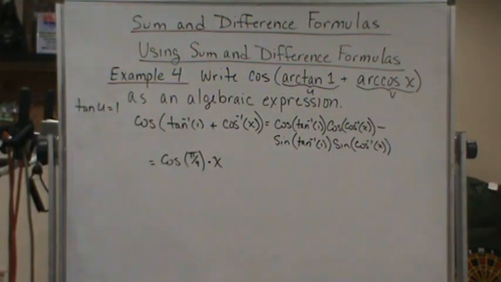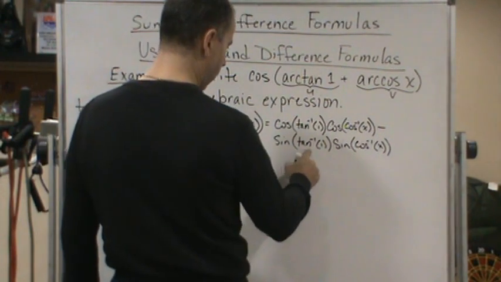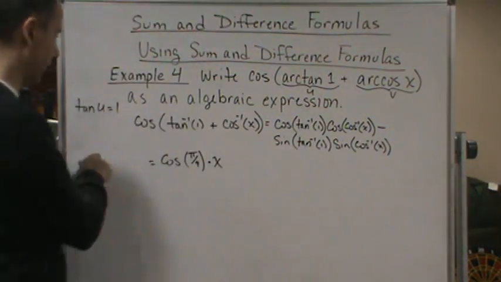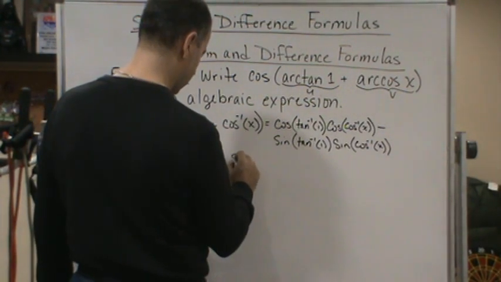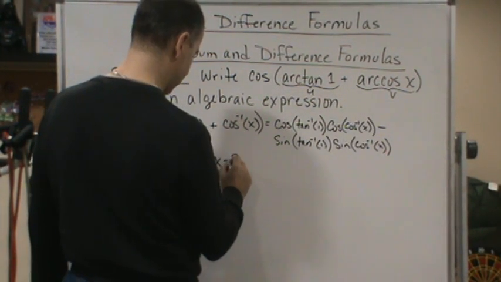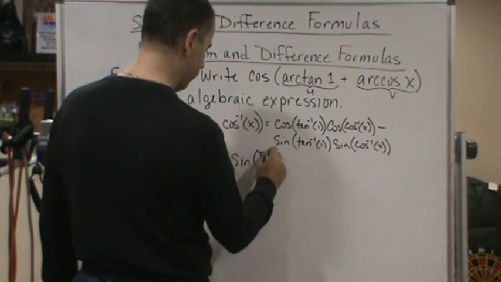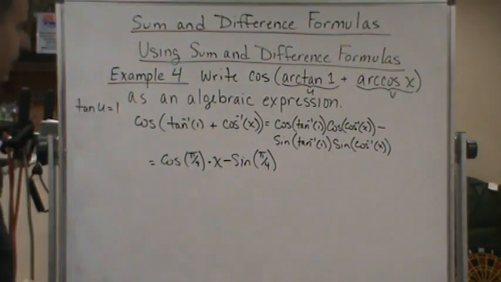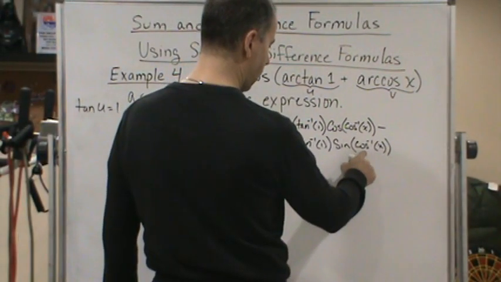That was easy. Now, sine of tangent inverse of 1, it's the same thing. It's going to be minus, gotta have the minus sign, sine of pi over 4, times sine of cosine inverse of x.